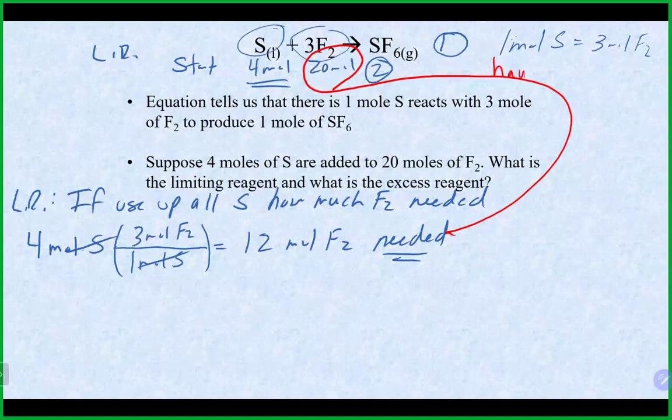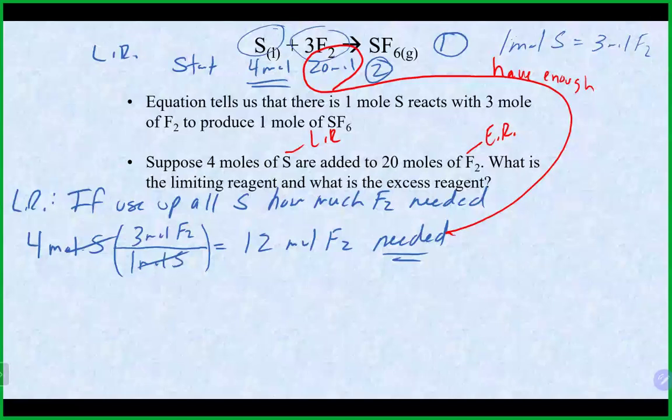And because I have enough in this case, what that means is the F2 is going to be my excess reagent. And by default, the sulfur here will be my limiting reagent. So that is the big stoichiometry calculation to basically figure out which one is the limiting reagent. You can choose either reactant.